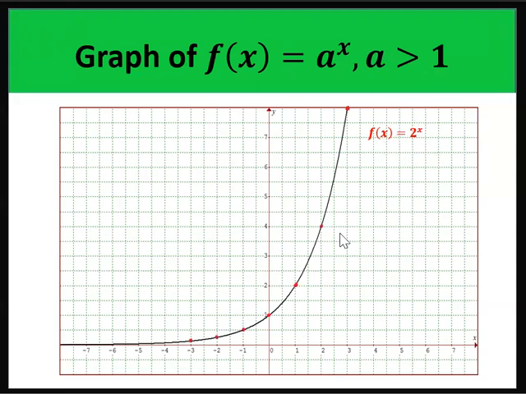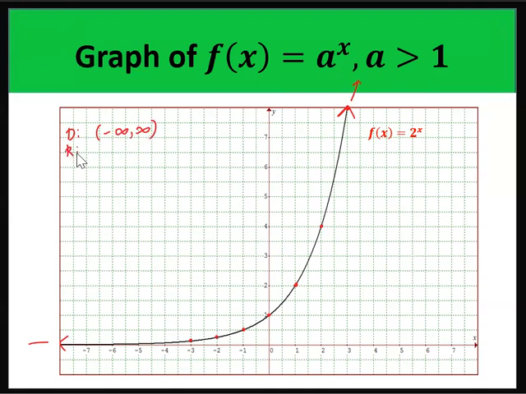Now for the properties of this graph, we observe that the graph extends indefinitely to the left and to the right. Which means that the domain of this function is the set of all real numbers, or the interval from negative infinity to positive infinity.